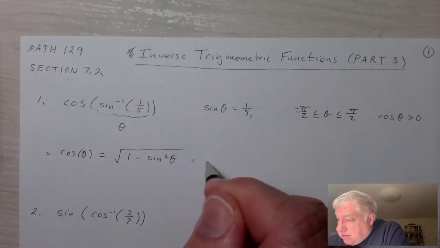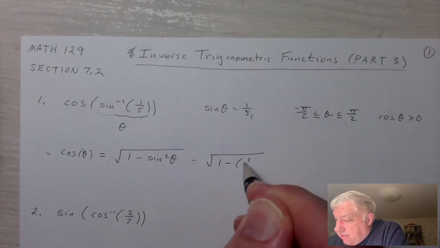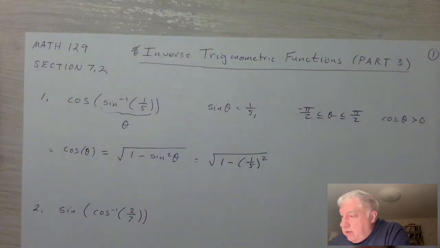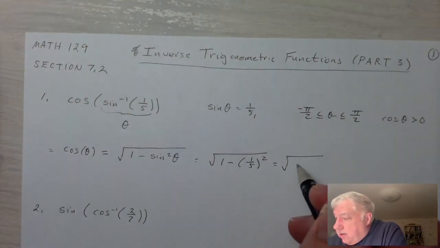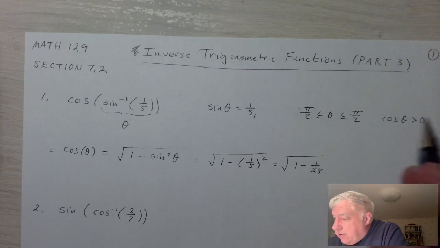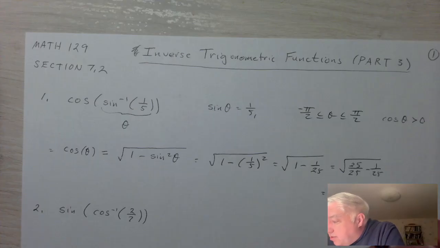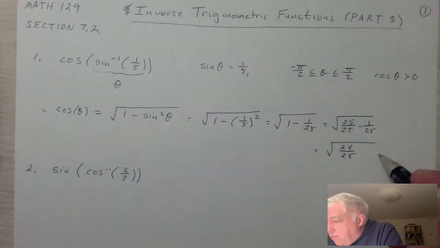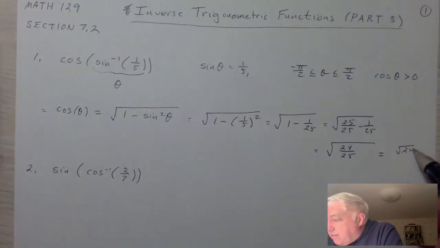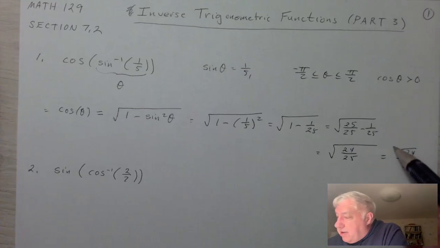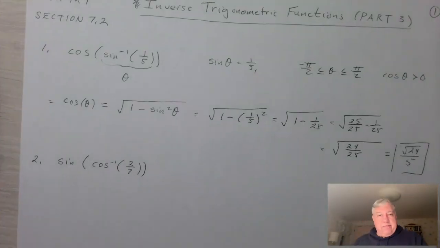And then this is just going to be the square root of 1 minus 1/5 squared, which we can write as the square root of 1 minus 1 over 25, which is the square root of 25 over 25 minus 1 over 25, which is the square root of 24 over 25, and we can finally reduce this to the square root of 24 over 5. And so that would be the value of this.